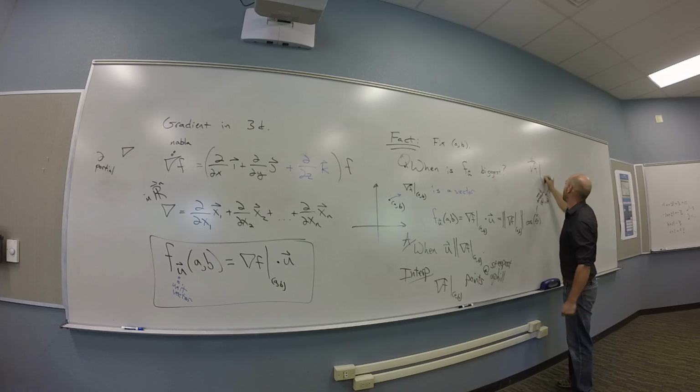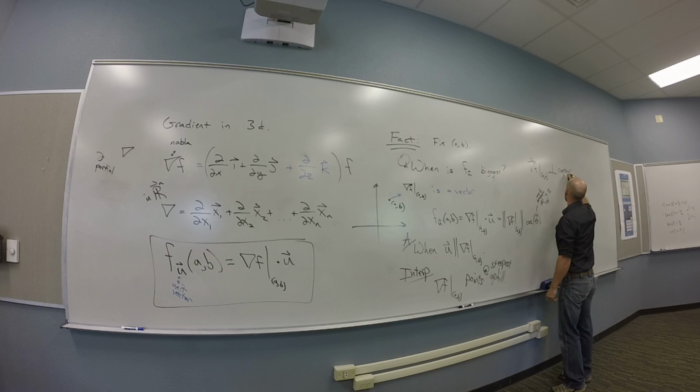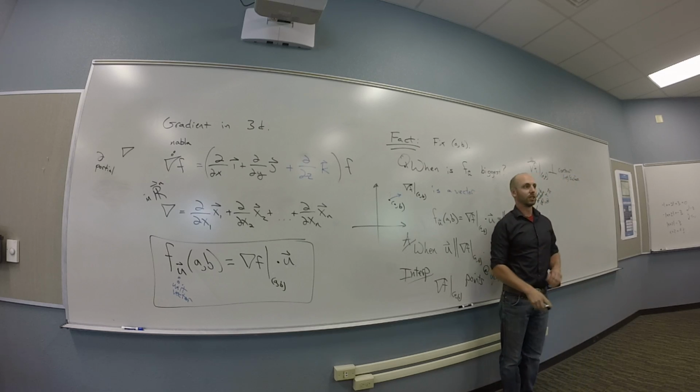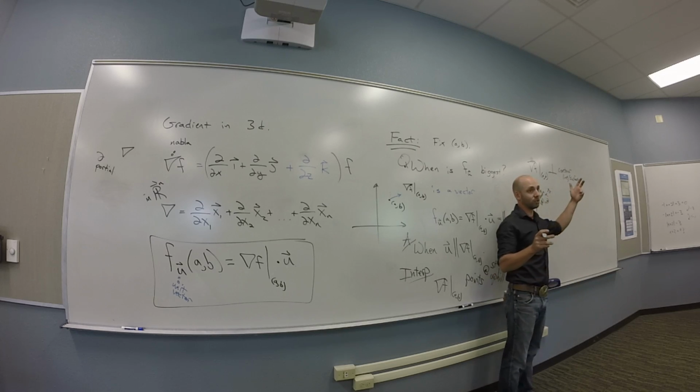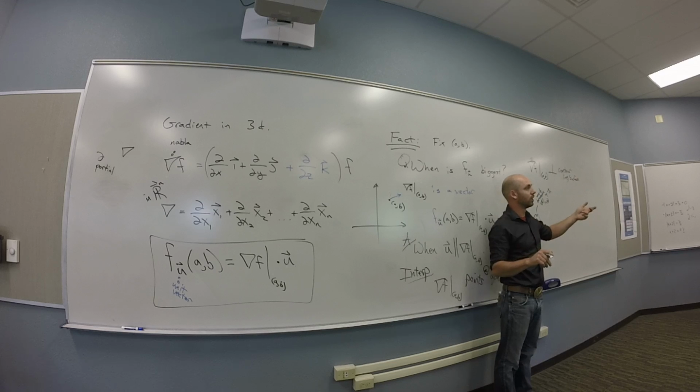So the gradient of f evaluated at (a, b) is perpendicular to the contour line, or surface, depending on which. You get contour lines for a function of 2 variables, and contour surfaces when you have a function of 3 variables. Okay. You guys see that?